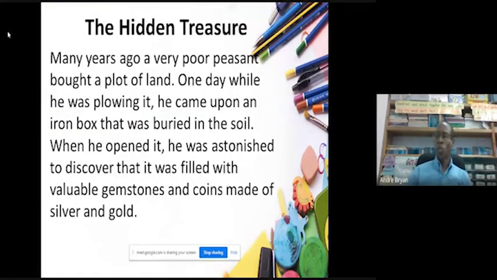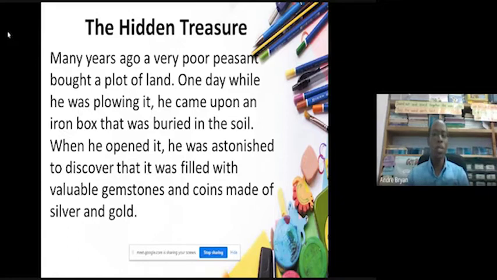The title or the name of this story is The Hidden Treasure. Many years ago, a very poor peasant bought a plot of land. One day, while he was plowing it, he came upon an iron box that was buried in the soil.